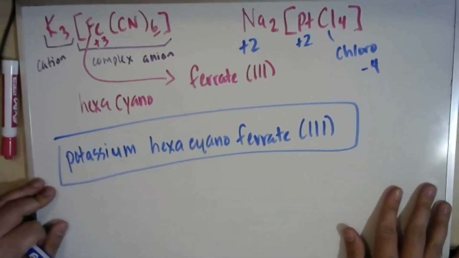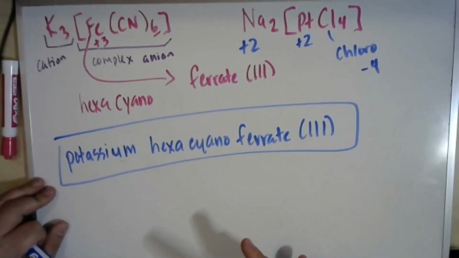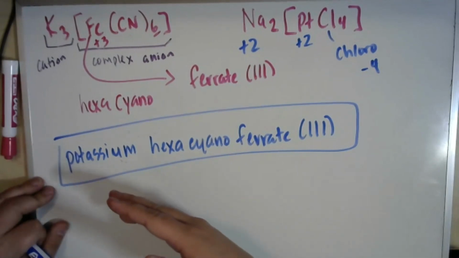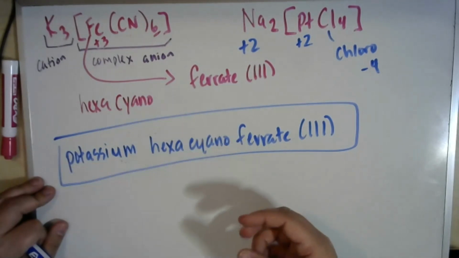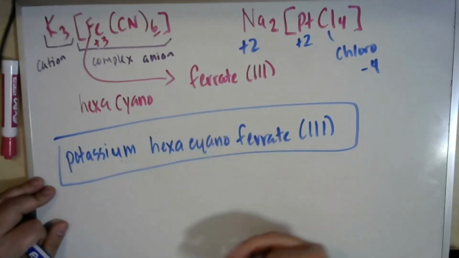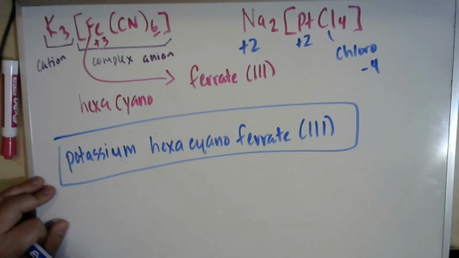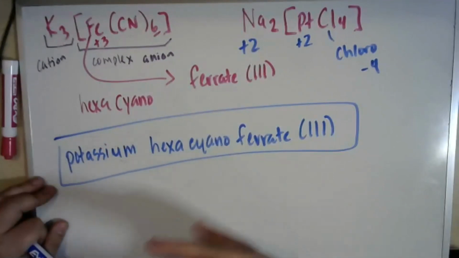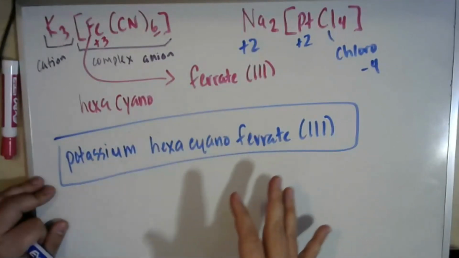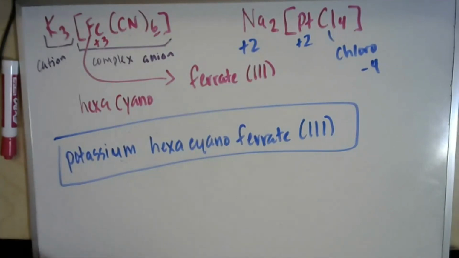So you have to know whether each ligand is monodentate, meaning it only has 1 lone pair to contribute, or bidentate, meaning it has 2 lone pairs to contribute, up to hexadentate, something like EDTA, which has 6 lone pairs to contribute. Once you know how many lone pairs the ligand has to contribute to the central metal, then you're able to look at the formula and figure out the coordination number of that central metal.